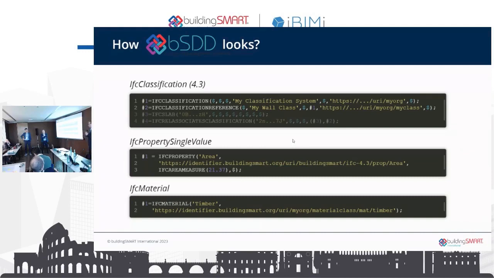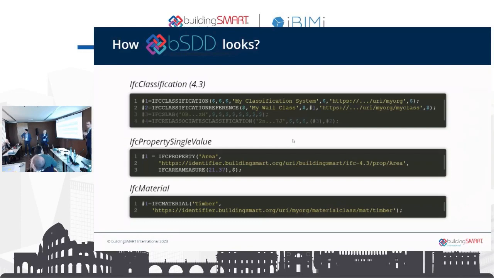And basically bSDD is a place where you can mimic those or you can upload those so that it's easy to integrate with your tools, with your IFC editing tools. You can integrate it with something that has nothing to do with IFC as well. We've seen those examples as well. So some facility managers might use bSDD to help them, for example, convert a model that comes from the design process. They could convert it to their definitions.